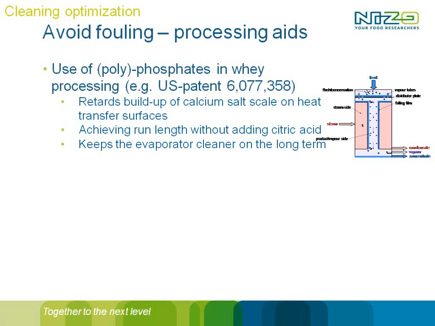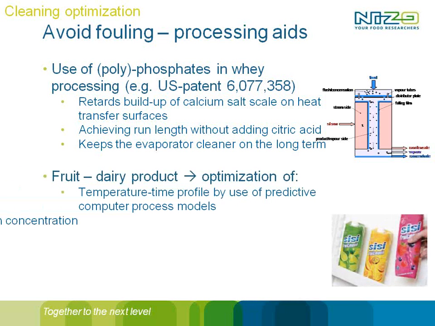Something which you don't want, since it reduces heat transfer. It limits the efficiency of your equipment. It can also serve as a matrix for microorganisms. And by the use of polyphosphates, you can retard the buildup of these calcium salts, so your runtime is longer, your evaporator remains cleaner in the long term. So this is one way to improve your process.